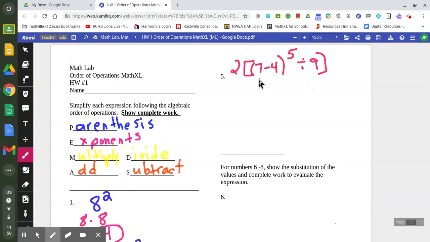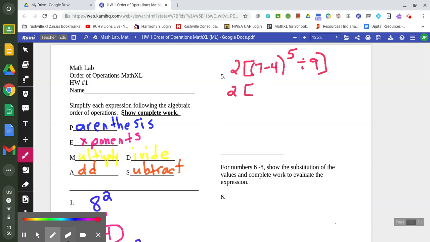On number 5, we have some brackets and some parentheses and some exponents. The brackets are just big parentheses, so we have to do everything inside here first. And when you look inside here, we have parentheses, we have exponents. So we will take care of what's in the parentheses first.